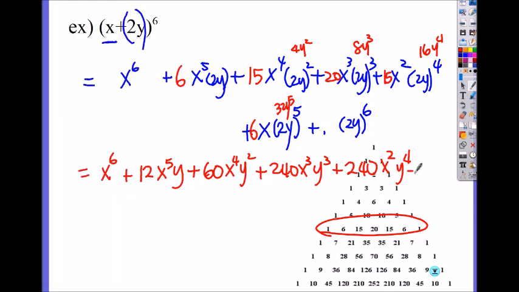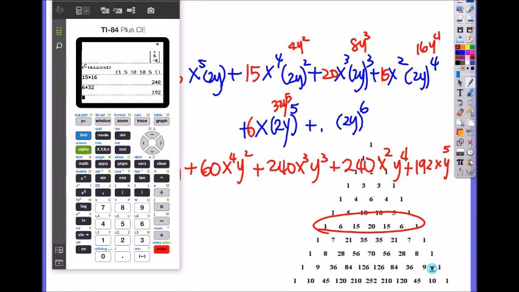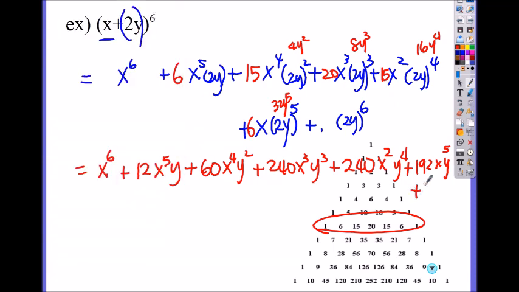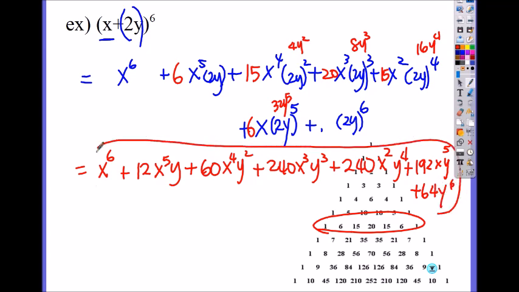So let me see if I can write it here. 192 x y^5 plus 2 to the 6th, which is 64, plus 64 y^6. It gets more complicated when you have negative terms, right? Then you have to think about the signs. But this wasn't too bad. Okay.